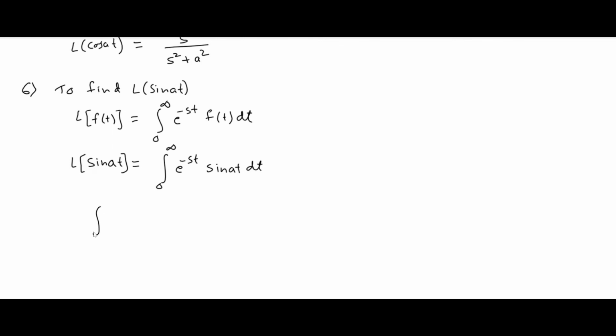That can be further written as, you know the formula for integral e power of ax sin bx into dx, which will be equals to e power of ax by a square plus b square, times of a sin of bx minus b cos of bx.